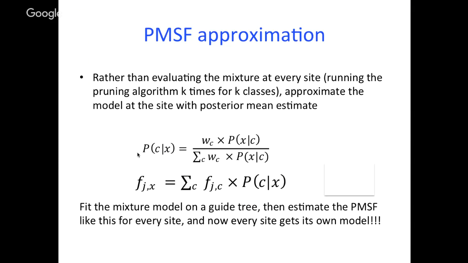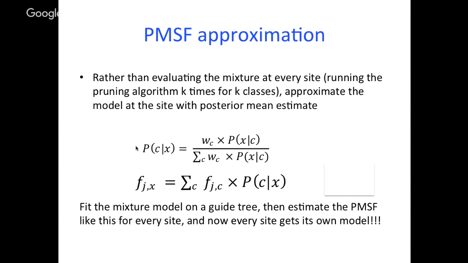We actually have tried several options here. One is we could just assign that class to a site and say, okay, this is going to be a hard-coded class for that site, and we're going to evaluate the likelihood under that class only for the site. We have done that, and it actually turns out to not perform as well as what we do now, which is this conditional expectation expression here instead.